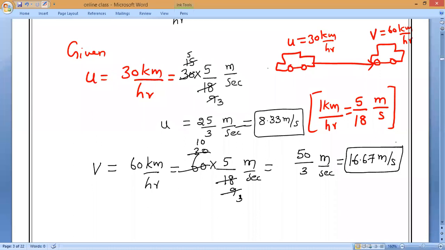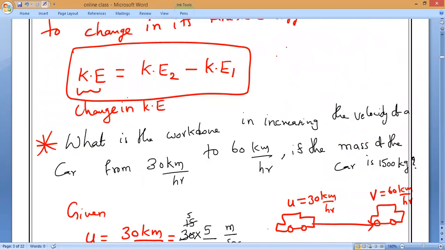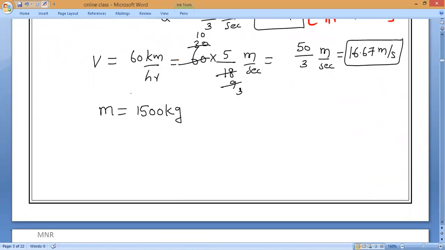Now, mass of the car. What is the mass of the car they have given? m equals 1500 kg. Now, what are they asking? Work done. So which theorem do we apply? Work energy theorem. W equals half mv square minus half m u square.